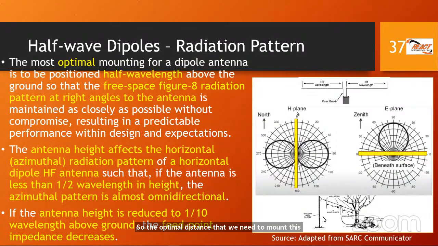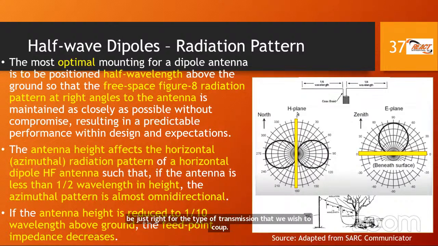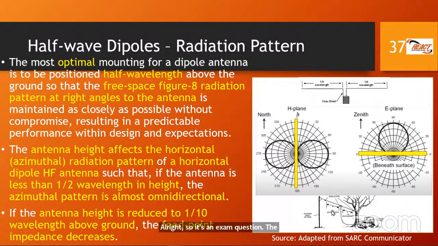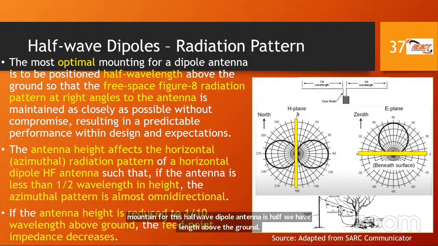And that is just to allow the radiation or the lobes to be just right for the type of transmission that we wish to occur, right? So it's an exam question. The most optimal mounting for this half wave dipole antenna is half wavelength above the ground. Okay, so that's an exam question.